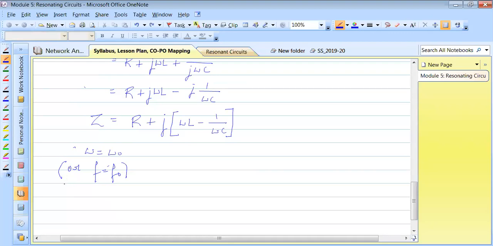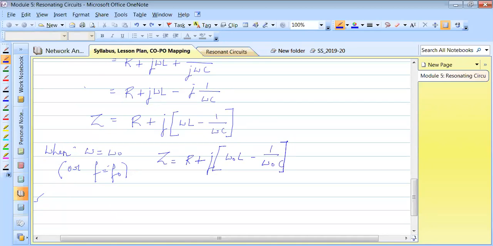Let me write that. What would happen to this? See here, Z would look like R plus j, omega naught L minus 1 by omega naught C.